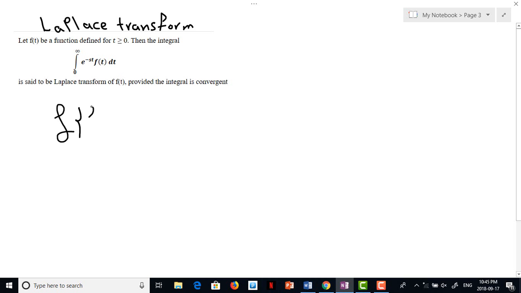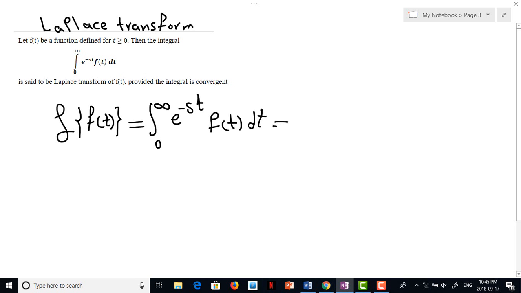So the Laplace transform of a function like f(t) is the integral from 0 to infinity of e to the power of minus st f(t) dt. And it's going to be a function of s, and we usually show the Laplace transform with a capital letter. So it's going to be a function like F capital S.